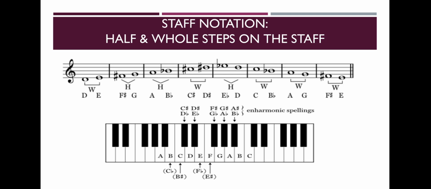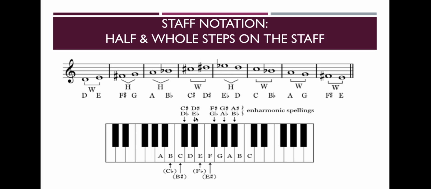Generally speaking, accidentals will indicate the use of black keys, although not always. And notes that are one step, which is line to space or space to line, away from each other with no accidentals or that share the same accidental will usually indicate a whole step, like here, as well as here.